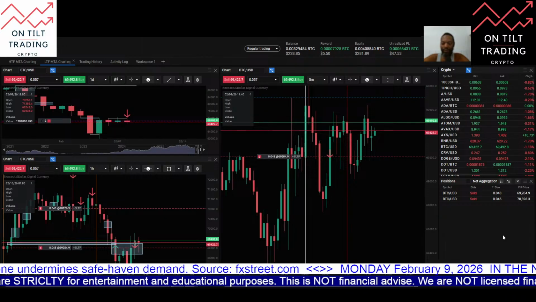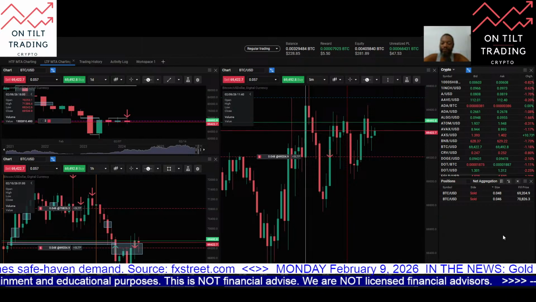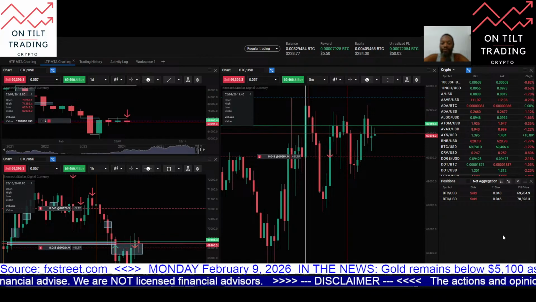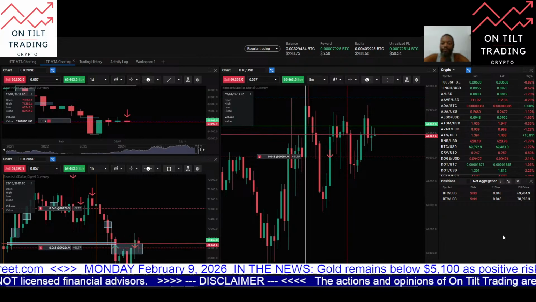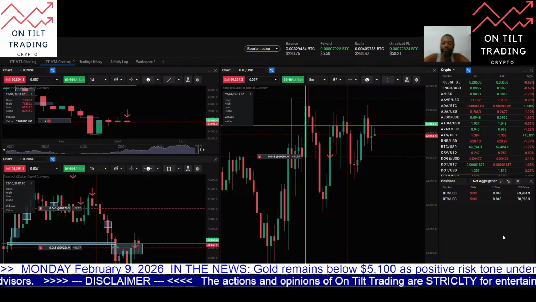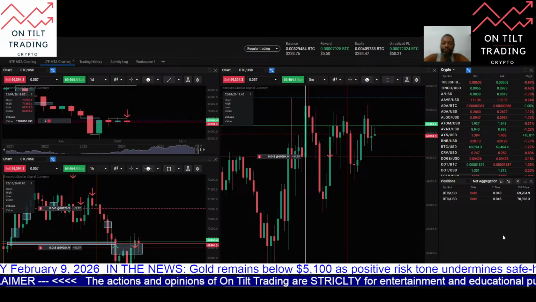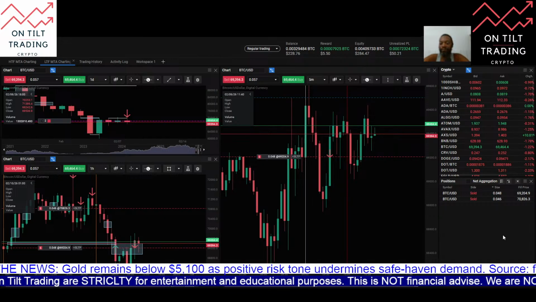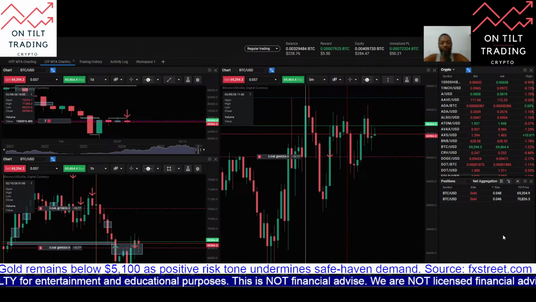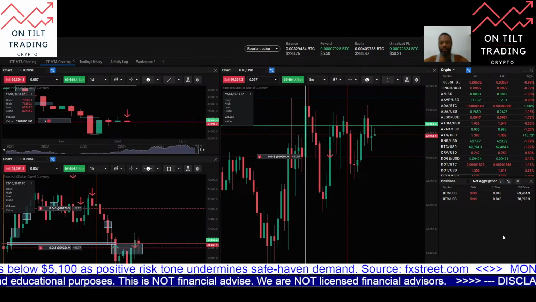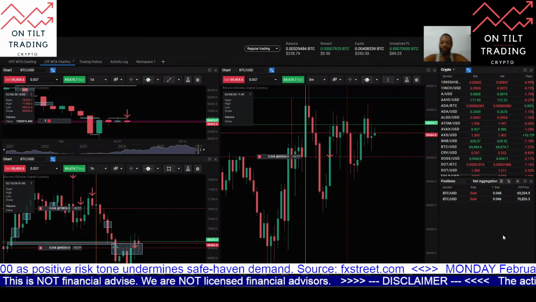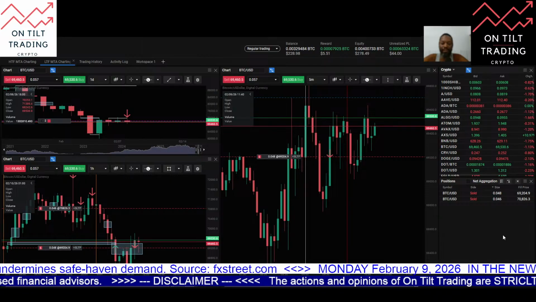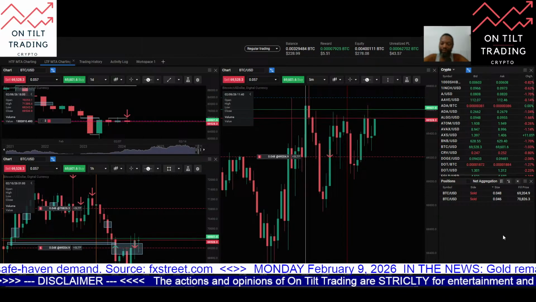Price consolidating here at the $69,420 level. $69,400. So a bit like watching paint dry here around my entry. But if all goes well, we'll get some sell side delivery and it'll be as if it never happened.